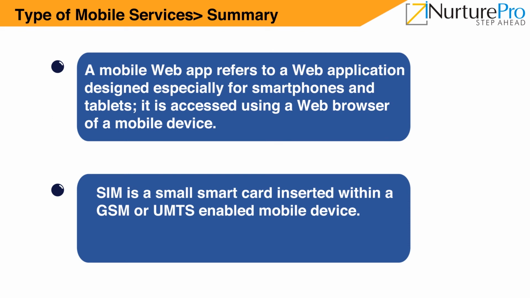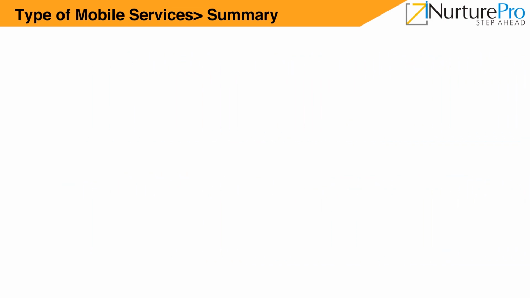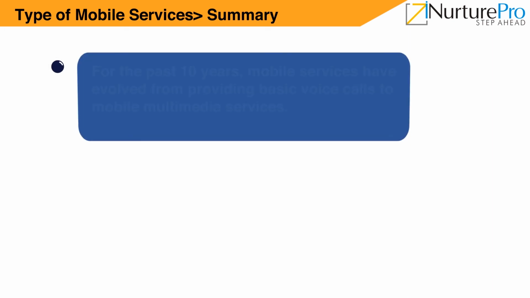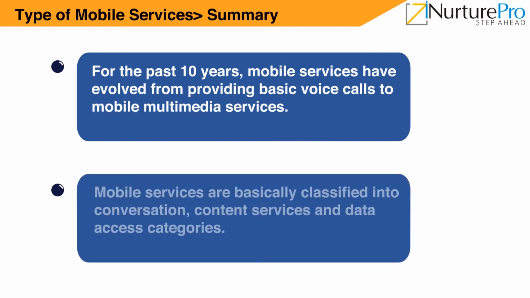For the past 10 years, mobile services have evolved from providing basic voice calls to mobile multimedia. Mobile services are basically classified into conversation, content services, and data access categories.